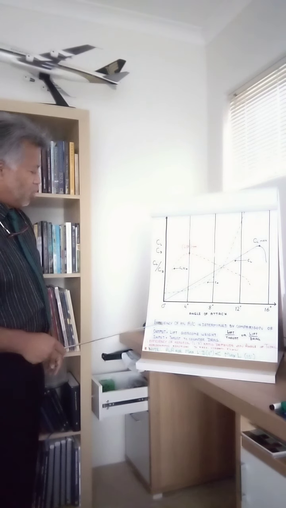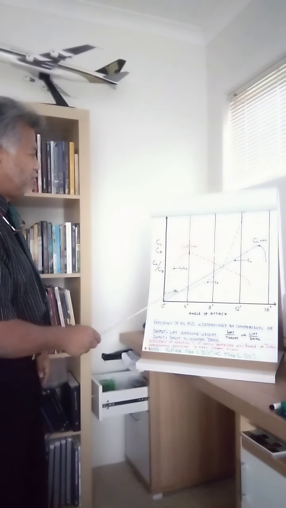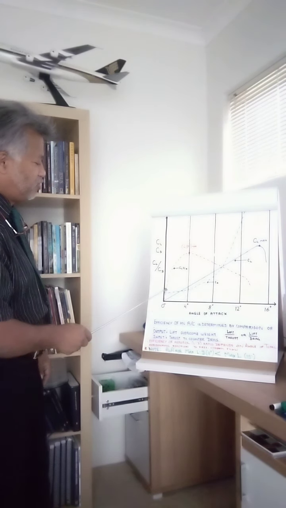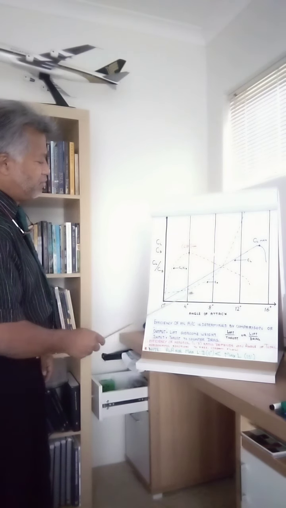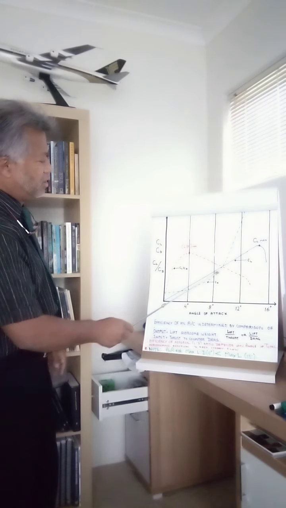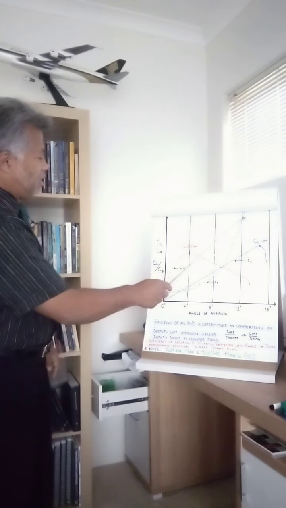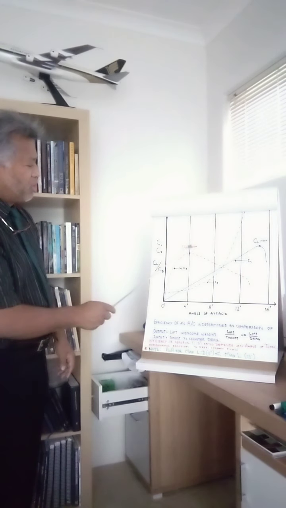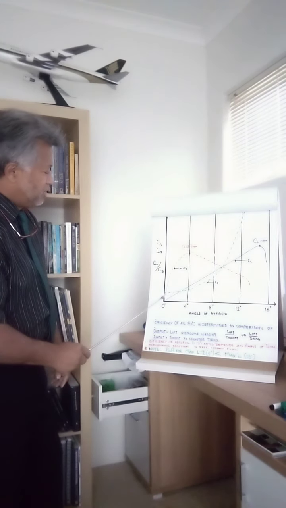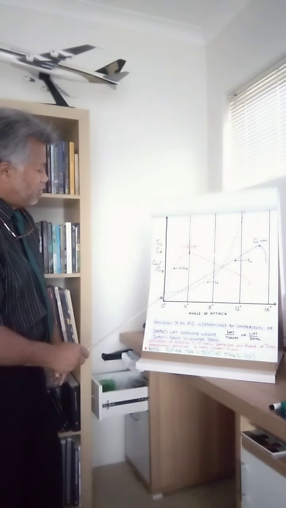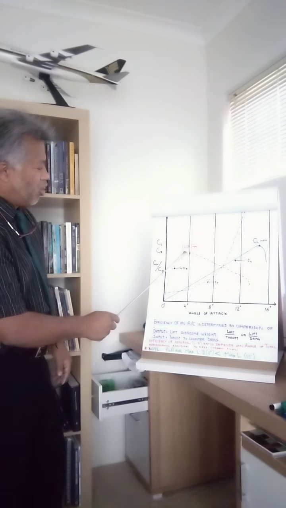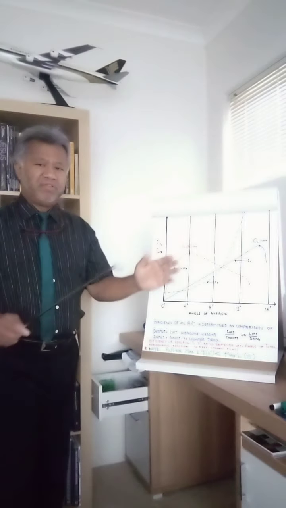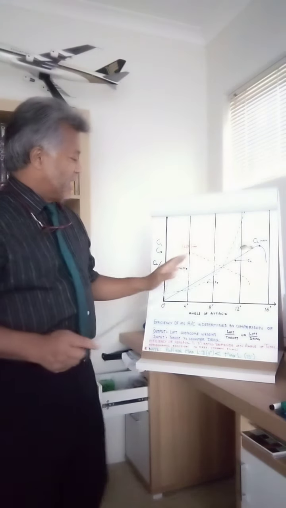Then we have the graph for the coefficient of drag. As the angle of attack increases, the drag also increases. Then with the lift-drag ratio, from zero, as you increase the angle, there's an optimal angle where the lift-drag ratio is at its maximum.